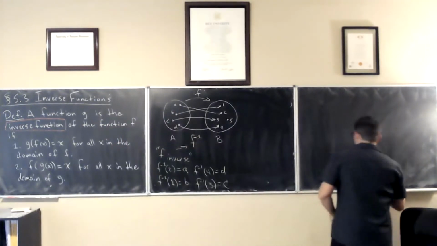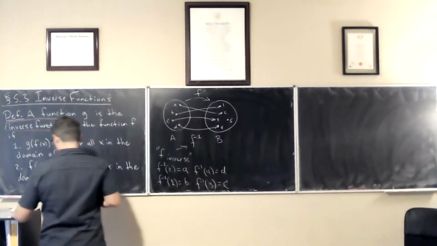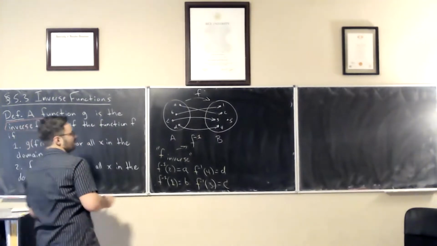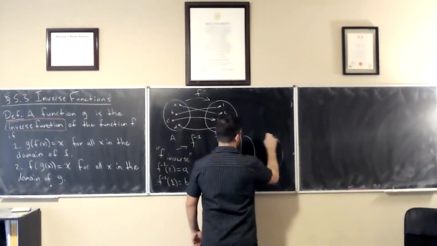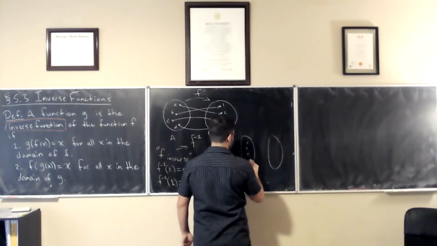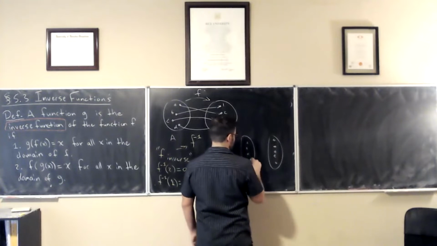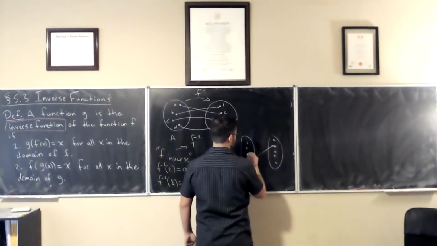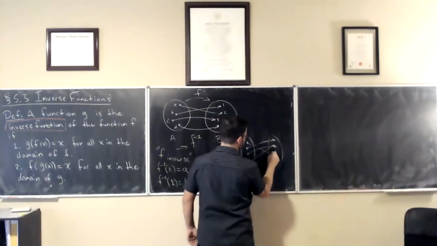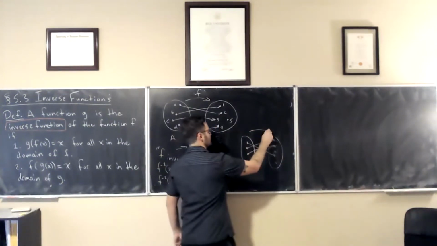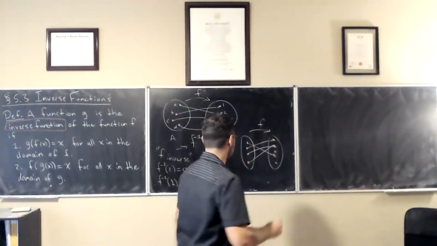Now, there would have been a problem if f wasn't a special type of function. Like, for example, if f behaved like this, then there would be a problem.